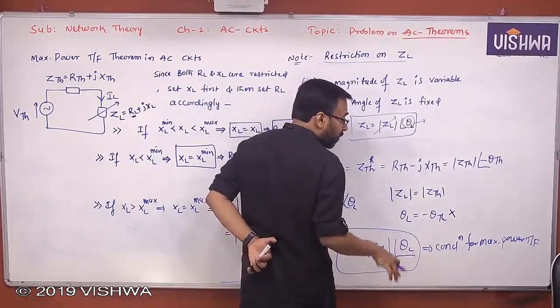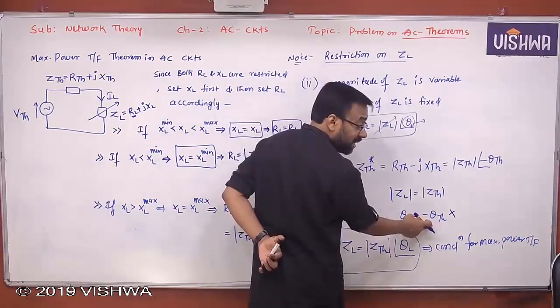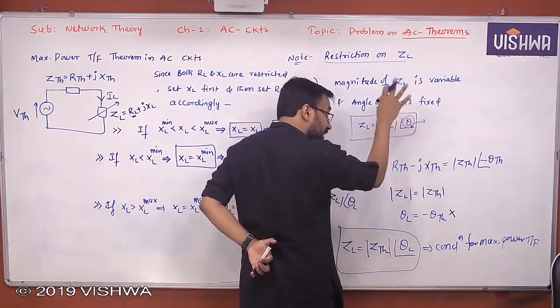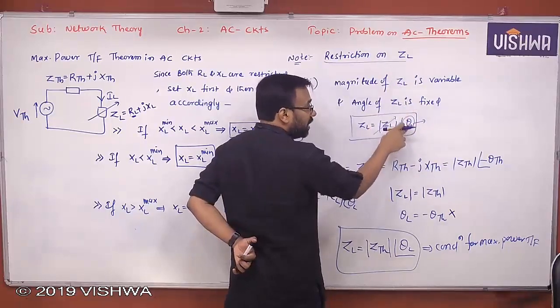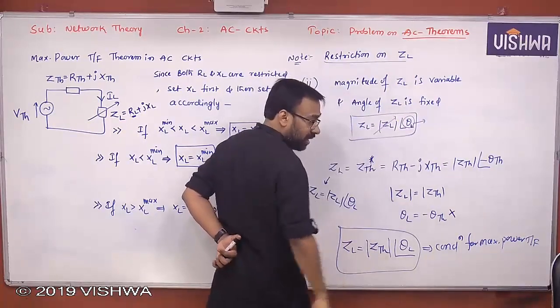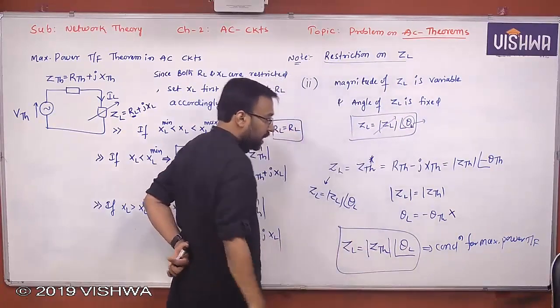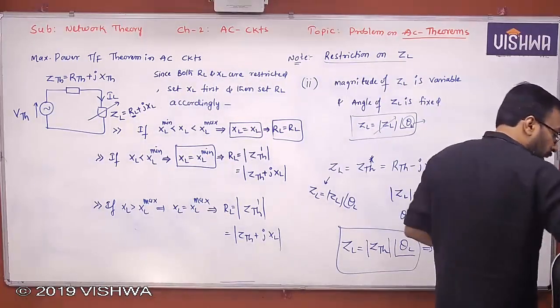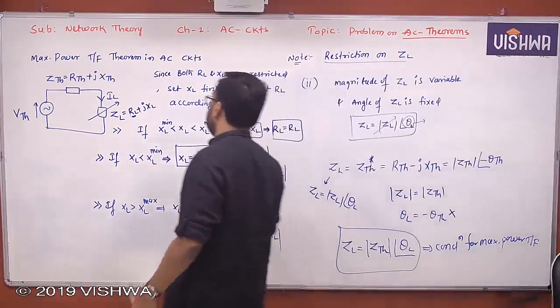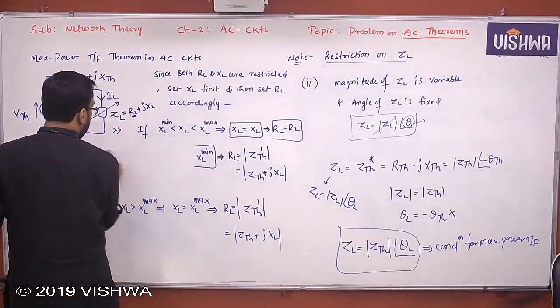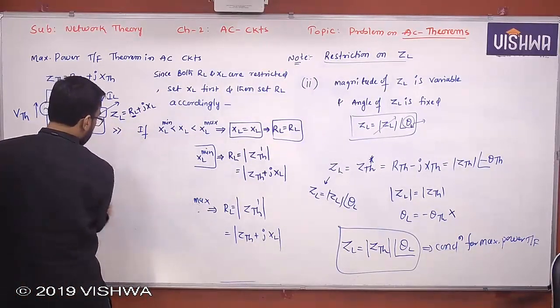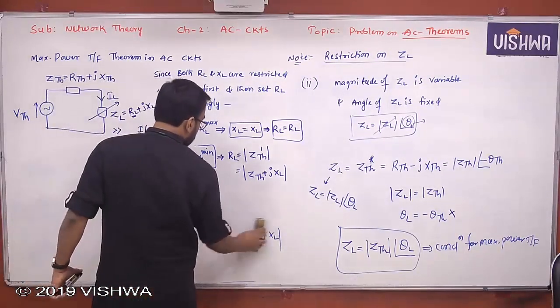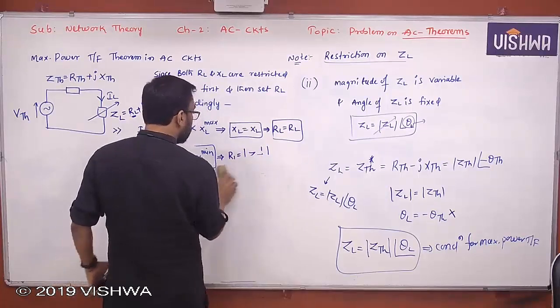So I can't fix theta L at minus theta TH. I take theta L to remain the same as whatever is given, because I need to fix it according to the restriction given. That's it. So this is the condition for maximum power transfer for the given restriction. Understand, all of you? Note that down.